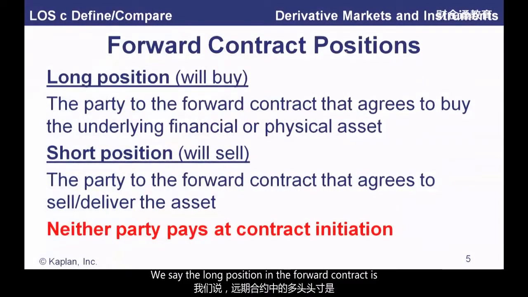We'll say that the long position in the forward contract is the side that's agreed to buy the underlying asset, financial or physical asset. And the short position, the other side of that trade, has agreed to sell, both at the same price. Now, neither party pays at contract initiation.